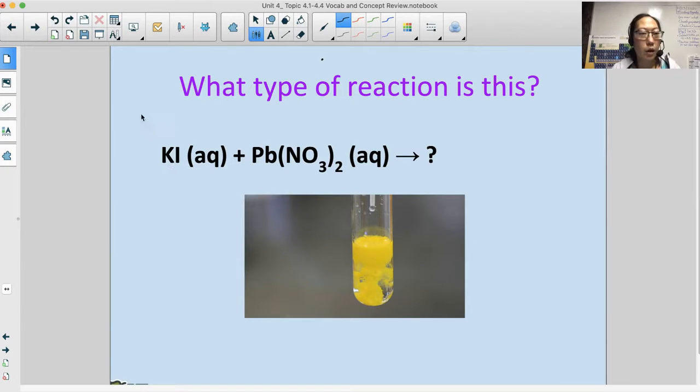We have an ionic compound, right? Metal and nonmetal. We have 2 ionic compounds. Both of these are ionic compounds. And they're both aqueous. We'll talk about solubility a little bit in a moment right here. And we want to figure out what sort of reaction this is. Well, if we have 2 ionic compounds and we see a precipitate forming, this is a double replacement.